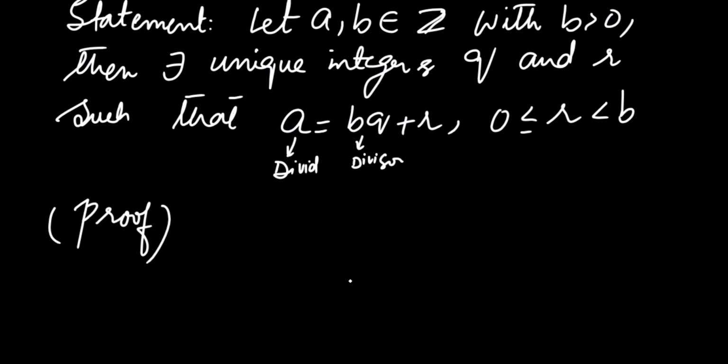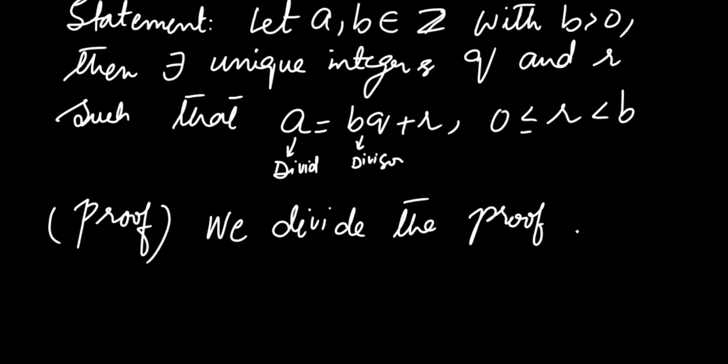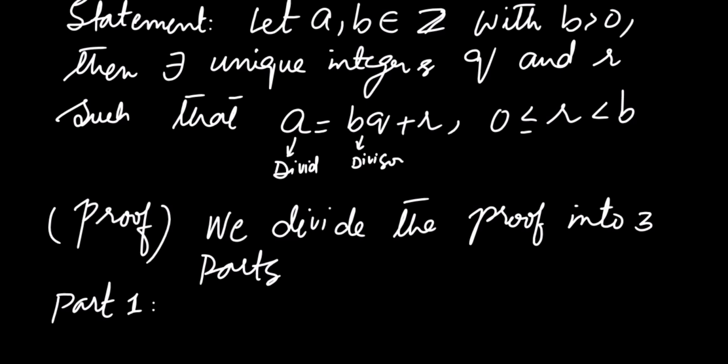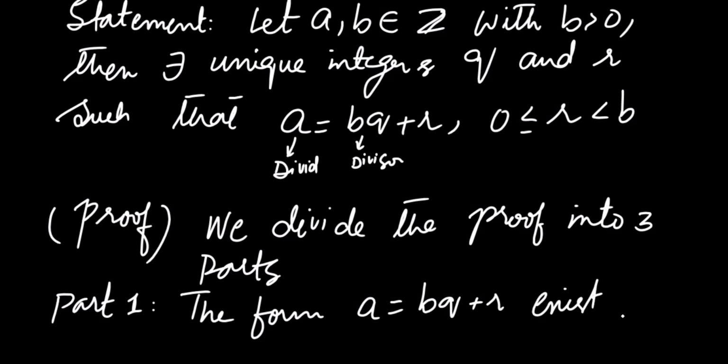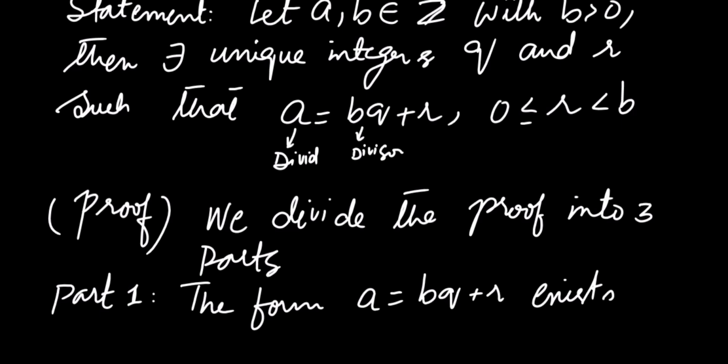So to prove the division algorithm, I will divide the proof into three parts. In part 1, we will show the form a is equal to bq plus r exists. So the first part is about the existence of this form.